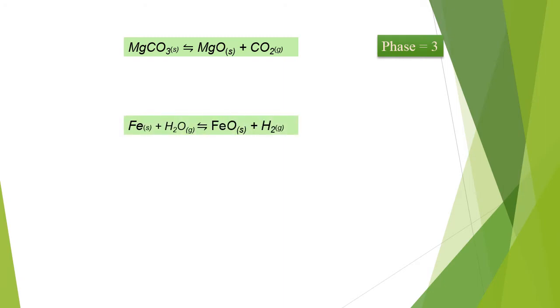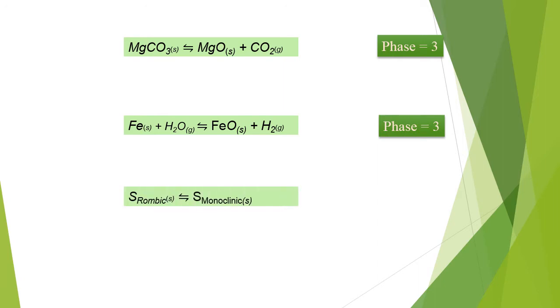Iron in presence of water forms iron oxide and hydrogen gas. So we have two gaseous species, so it constitutes a single phase. Two solid elements constitute two phases. So totally 3 phases we have. Here we have sulfur rhombic and sulfur monoclinic in the solid state.